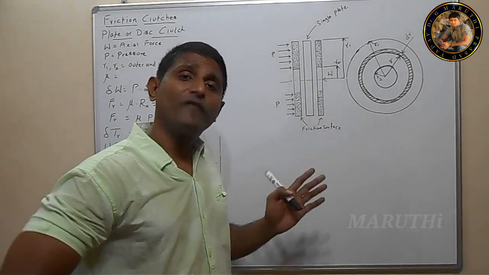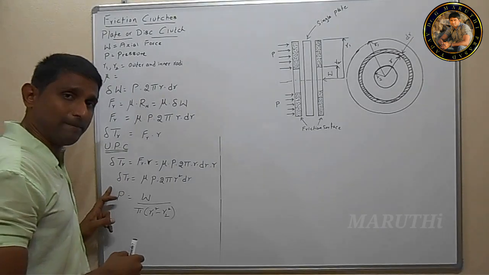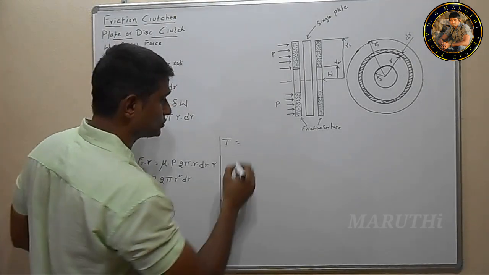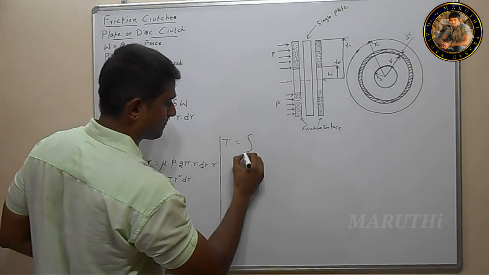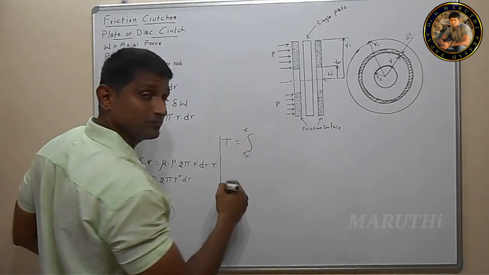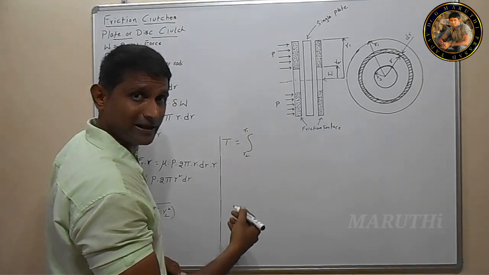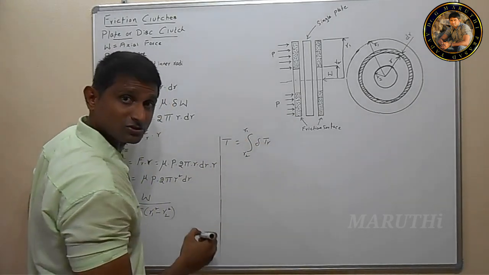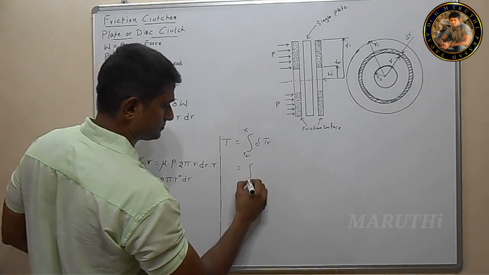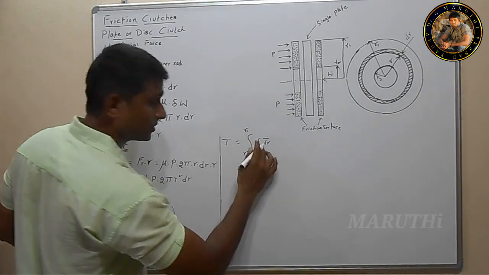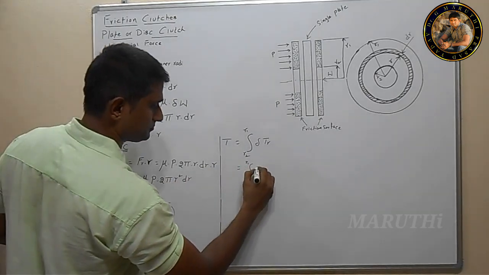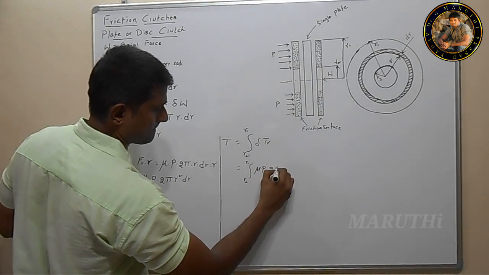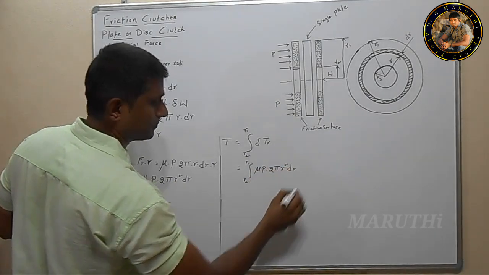Now we have to find the torque that can be transmitted considering the entire area. To find the total torque, we integrate applying the limits. Total torque equals the integration from the minimum to the maximum limit, R2 to R1, of the frictional force with dr, that is mu P 2 pi r dr times r.